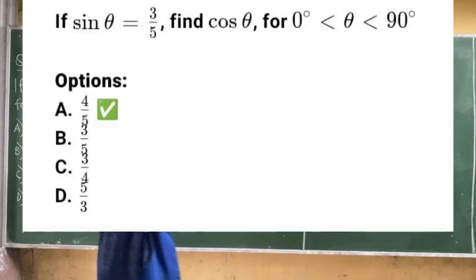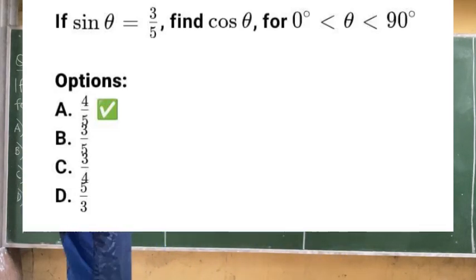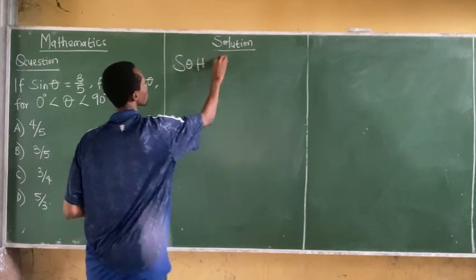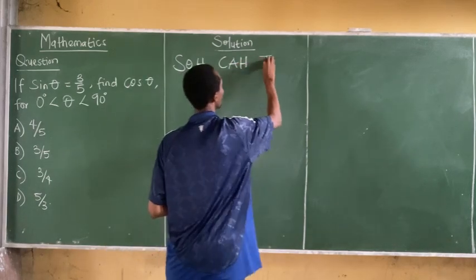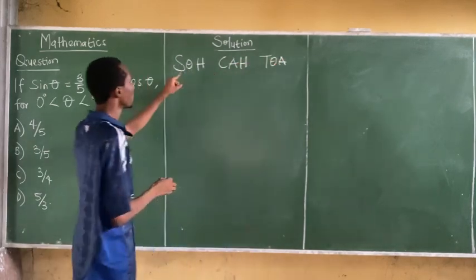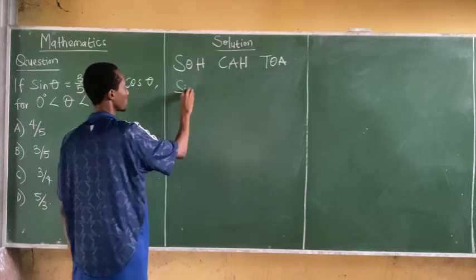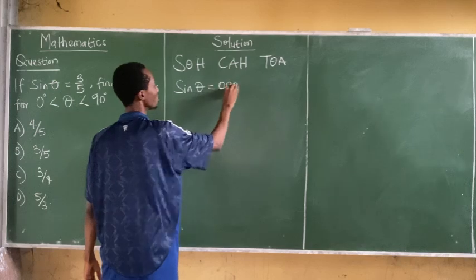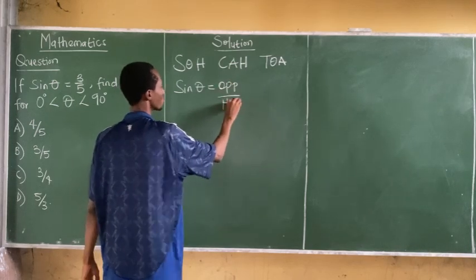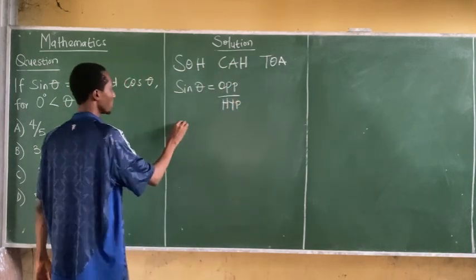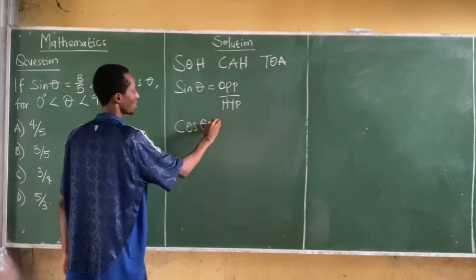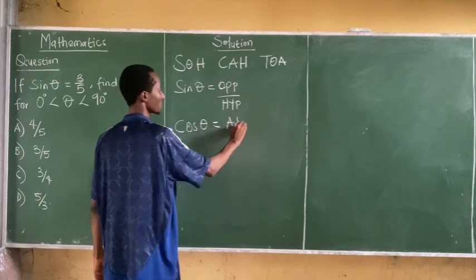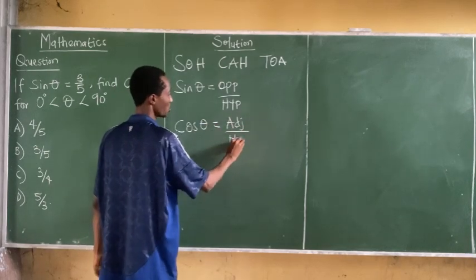Now let's solve this question together. We're going to solve this using SOHCAHTOA. Here SOH is sine: sine theta is equal to opposite over hypotenuse. CAH here is cos theta: cos theta is adjacent over hypotenuse.